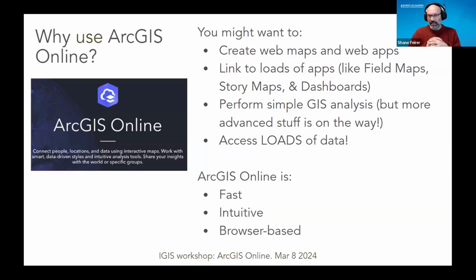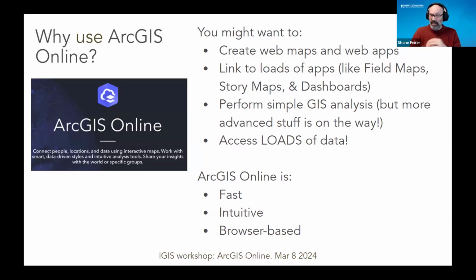One other nice thing is you can get access to loads of data. Behind ArcGIS Online, there is an entire cloud platform that stores and shares data. But then there's also another platform that Esri puts out that's freely available to everyone called the Living Atlas. So ArcGIS Online can tap into that Living Atlas as well as its own data structures and pull all those data into a map and make it accessible to everyone.